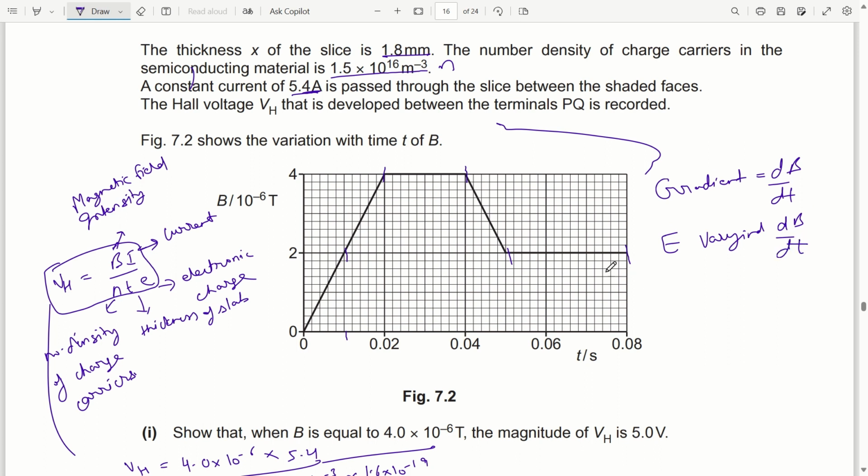That is, the slope of this graph will be the graph for E versus t. Now from 0.02 second to 0.04 and then 0.05 to 0.08, we can see the slope is 0. Therefore EMF will be 0.